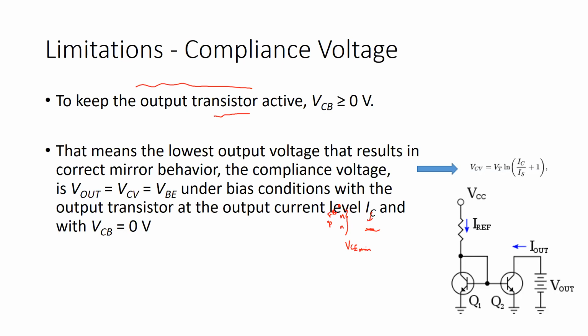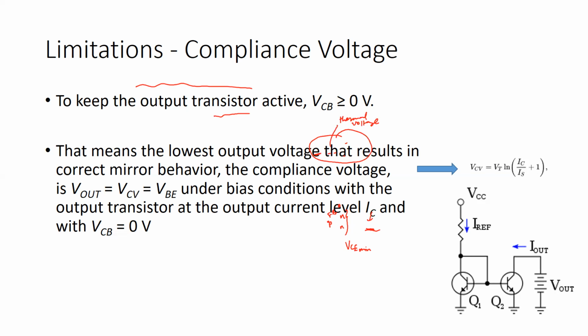That means your lowest voltage can be given by this equation to have correct current mirror behavior: Vt times the logarithm of the collector current divided by the saturation current plus 1, where Vt is your thermal voltage. Theoretically, you can calculate your VCV, which is called the compliance voltage, with this equation.